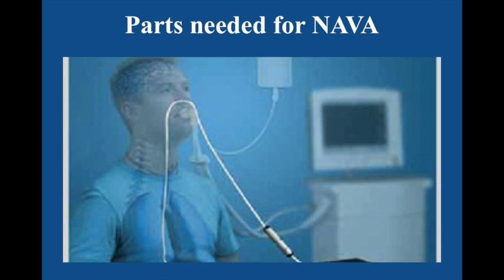Okay. And what parts do we need to put on the patient for NAVA? First, we need the electrodes. We need 10-lead electrodes to measure EDI and the ECG. We also need the EDI catheter. After that, we should have a portable X-ray.